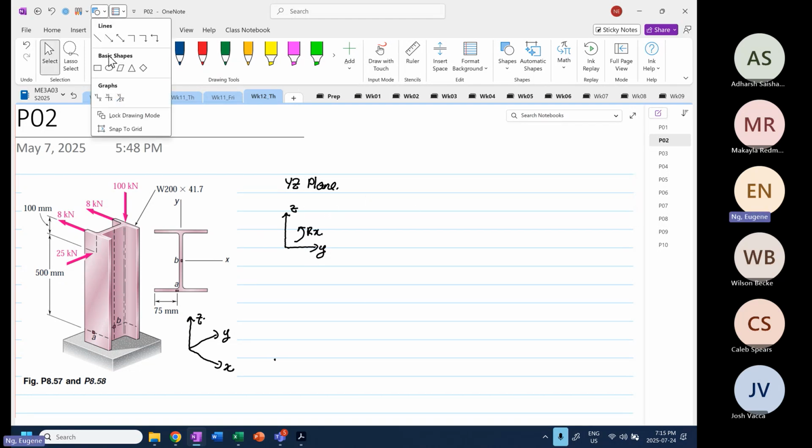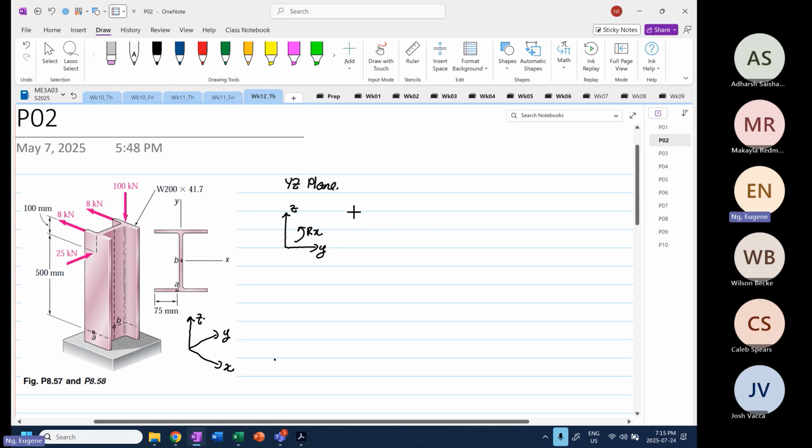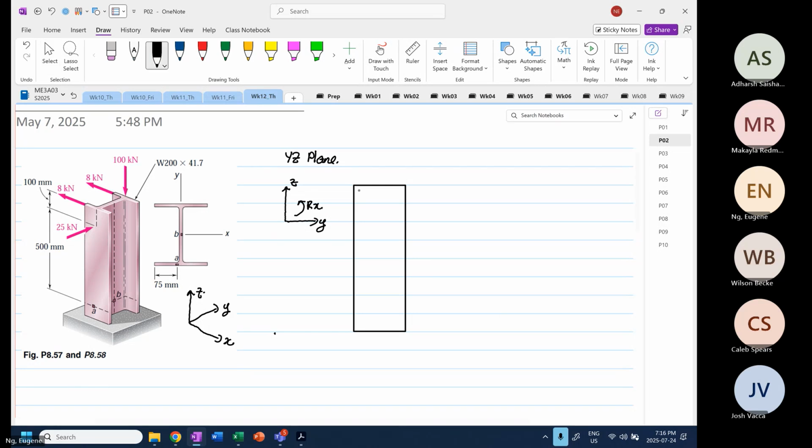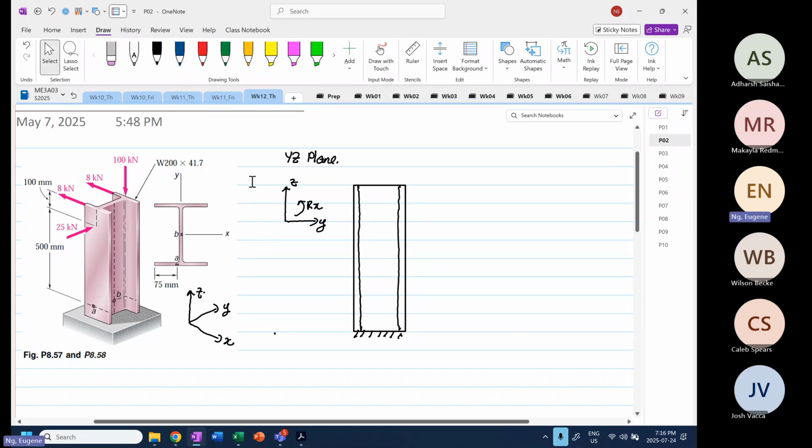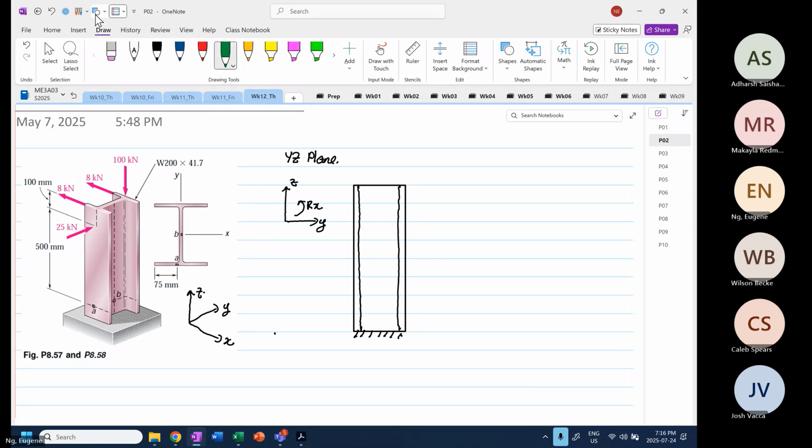Then we have a structure like this. Then we have lines coming down. This thing is built in over here. And then we have our geometric centroid. We sketch our geometric centroid first.